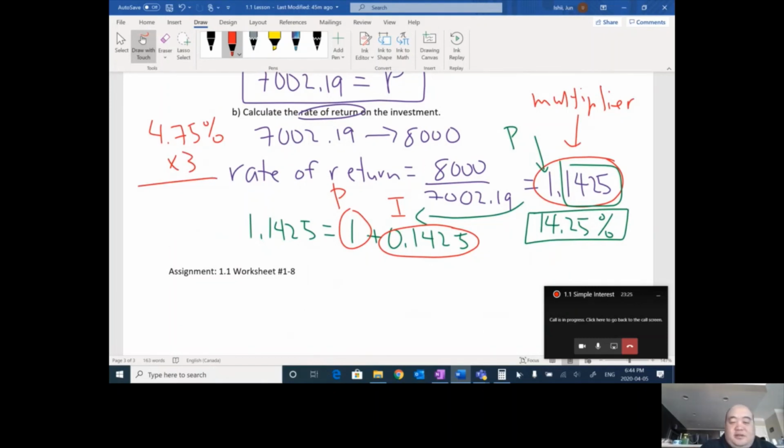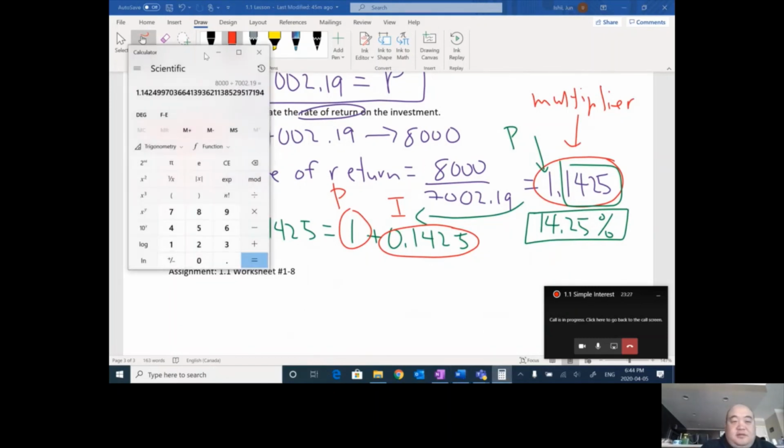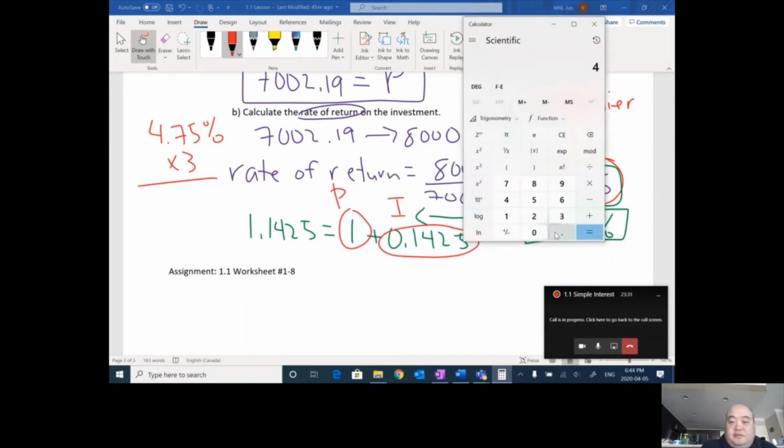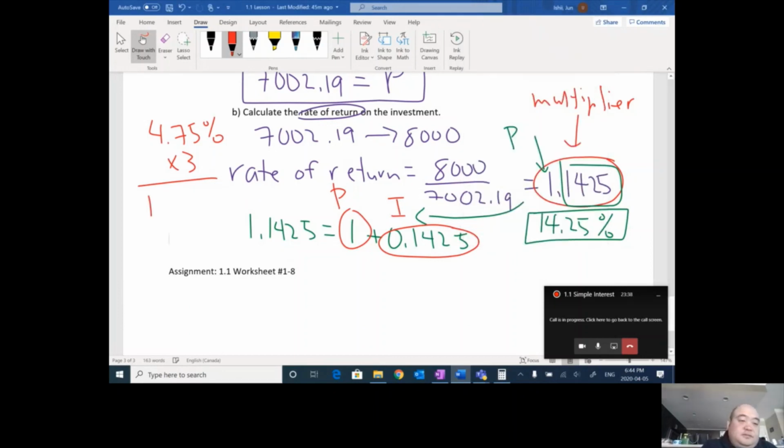I am actually going to get the same number. 4.75 times 3. Look at that, 14.25. That's the quicker way of getting the answer. However, the reason I showed the first one is to give you the explanation behind it. So the rate of return there is 14.25%, same thing I got over there.